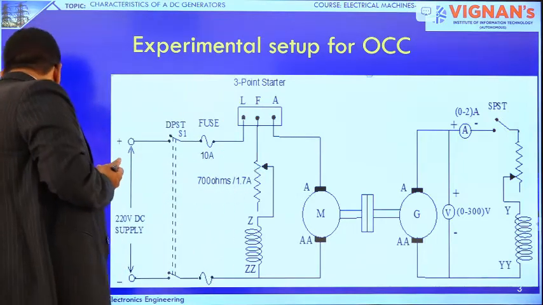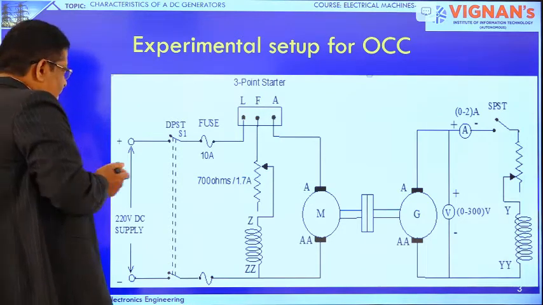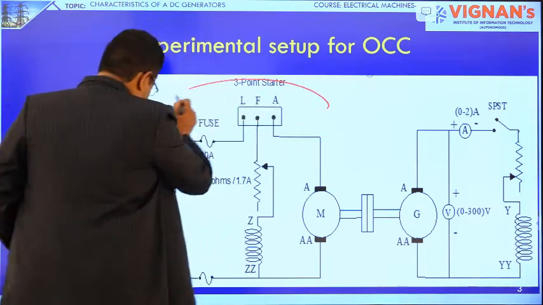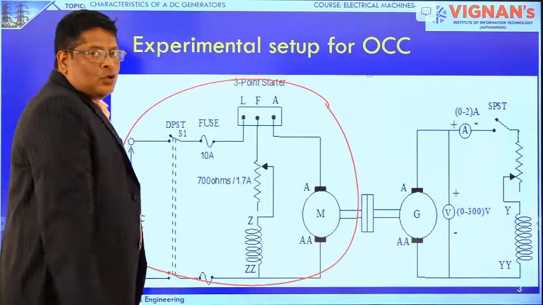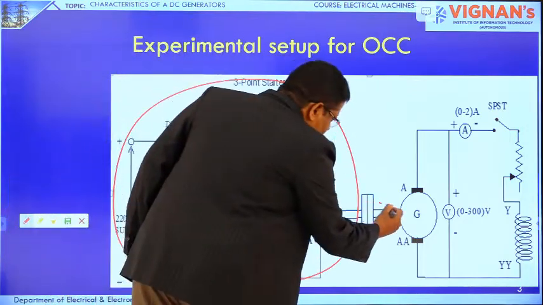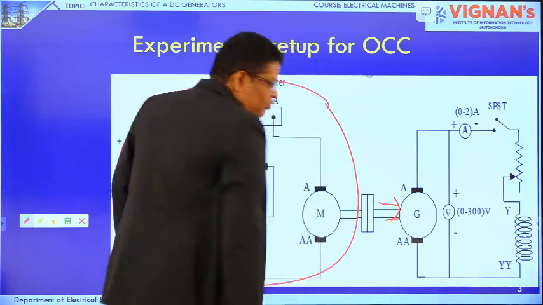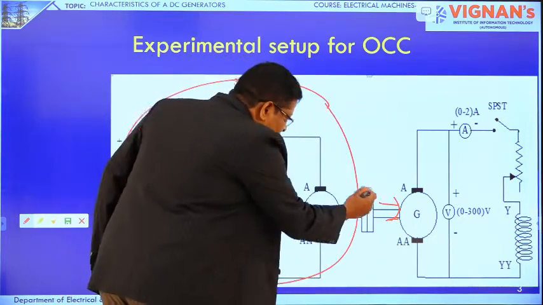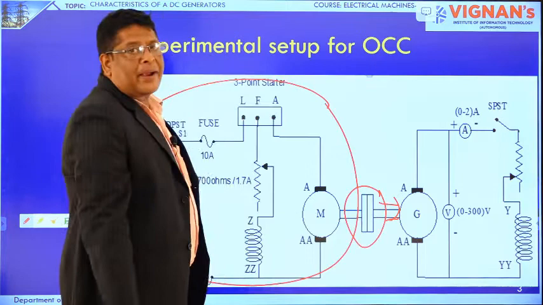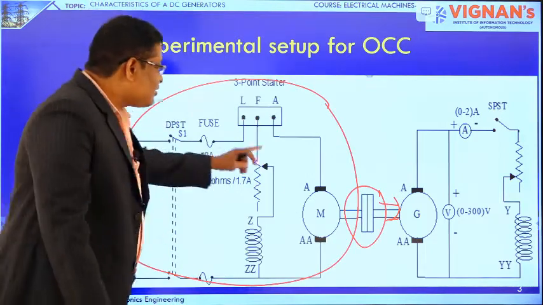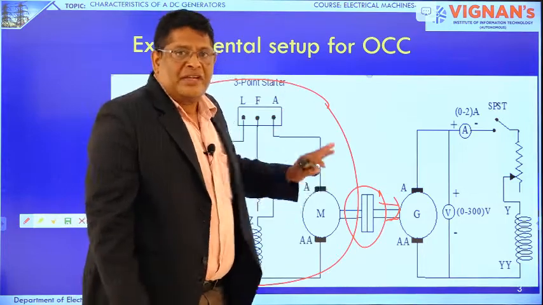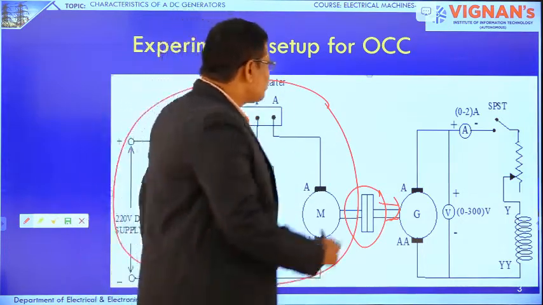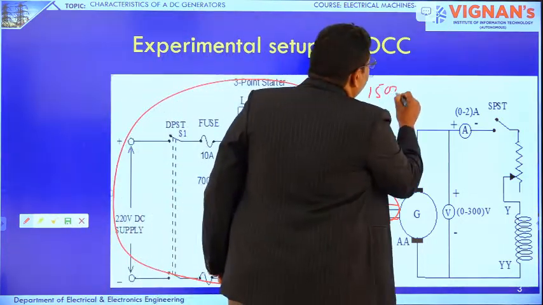This total thing represents the DC motor, which gives the mechanical input to the generator. If you observe here, this is mechanically coupled. By means of the motor, we run the generator at a constant speed. In this case, we have taken the constant speed as 1500 RPM.